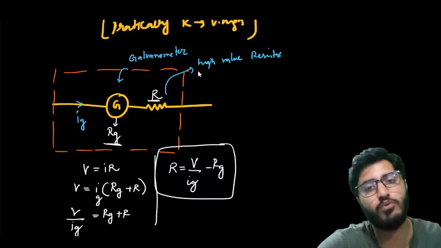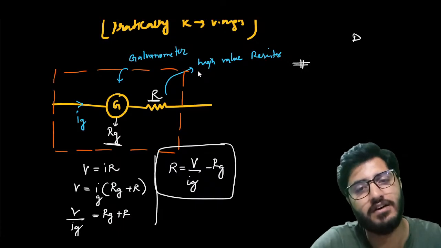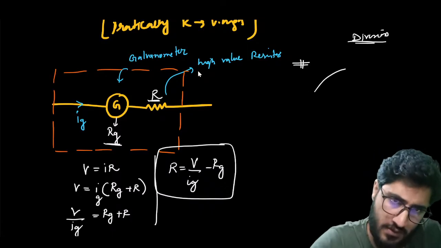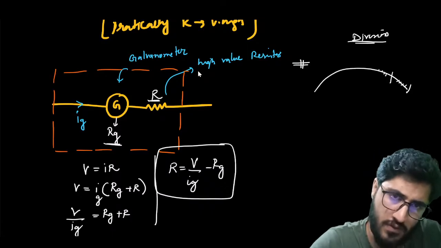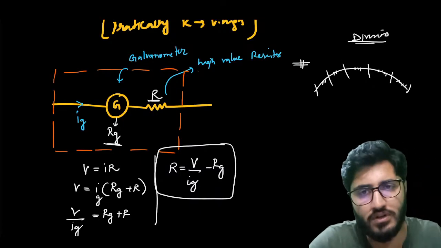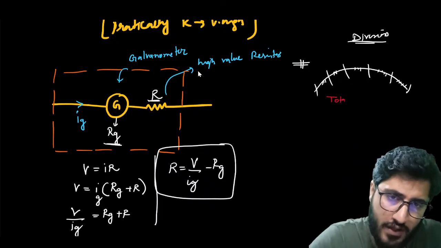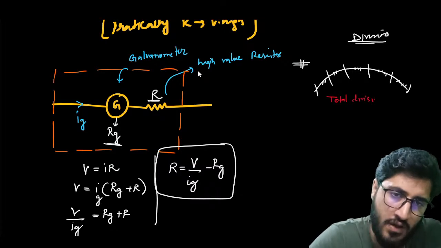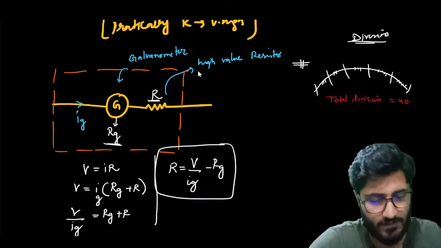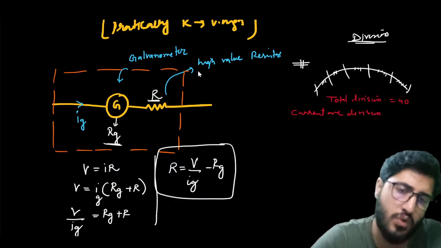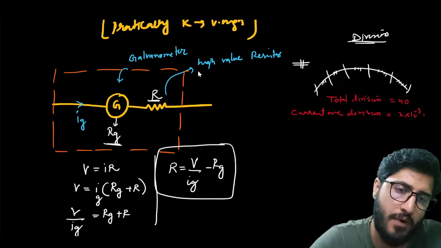You will find one more thing now, that is the division thing. It is very rare, but you will find it. Suppose this is given to you: in a galvanometer, the total divisions is 40, and the current through one division is 2 into 10 to the power minus 3 ampere.